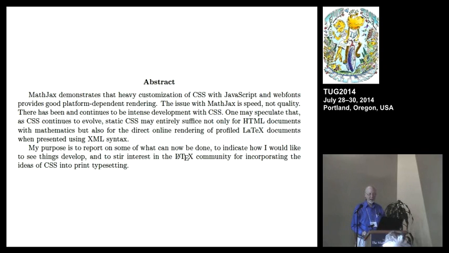So MathJax has already demonstrated that HTML with CSS is adequate for rendering math. The problem there is that what MathJax does is customized for local platforms, for browsers, for fonts.